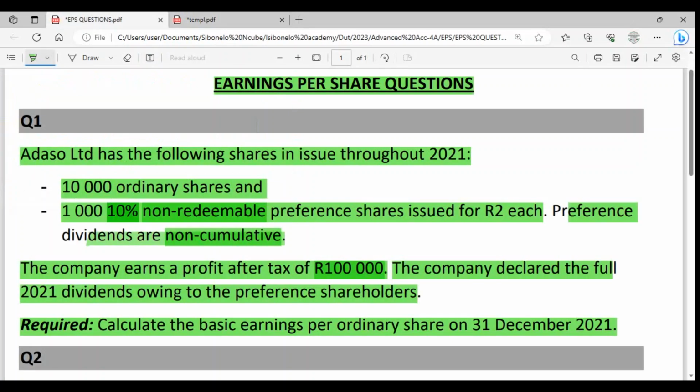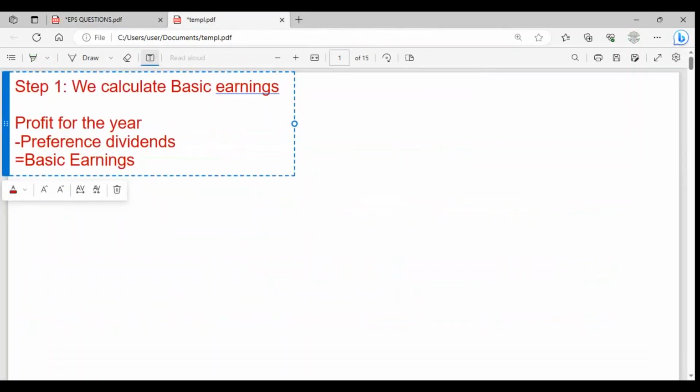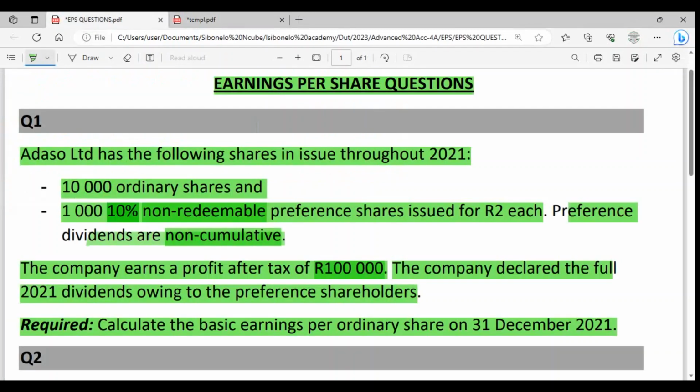So how much is the total profit? 100,000. And then we're gonna calculate preference dividends. How do we do that? So for preference dividends, we must first calculate the preference capital. To get the preference capital, it's simple, guys.